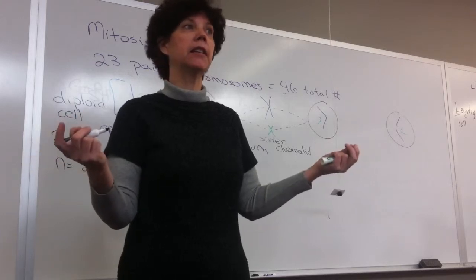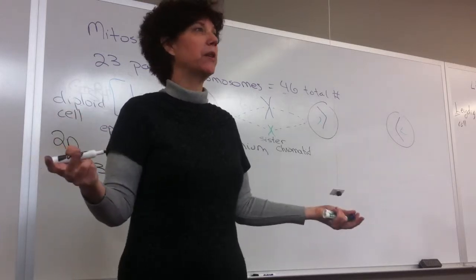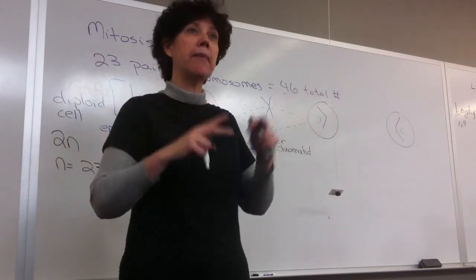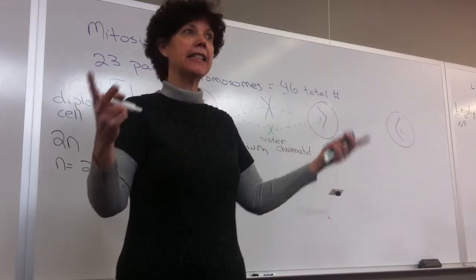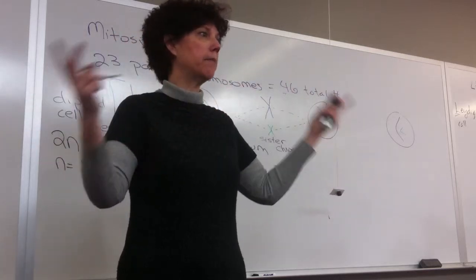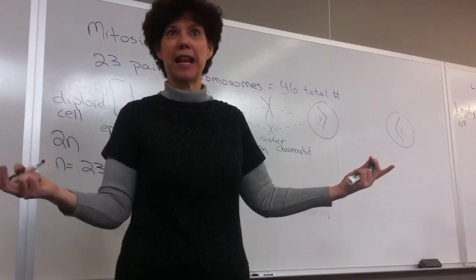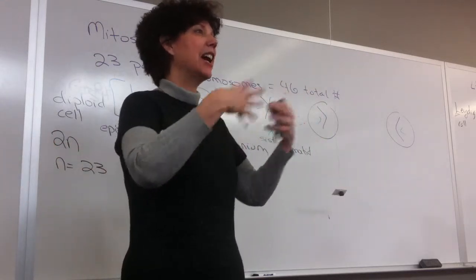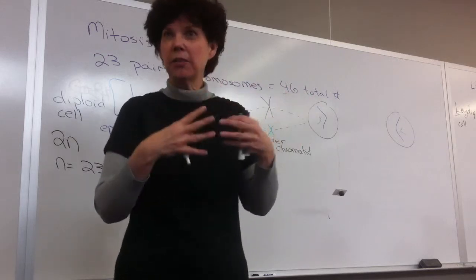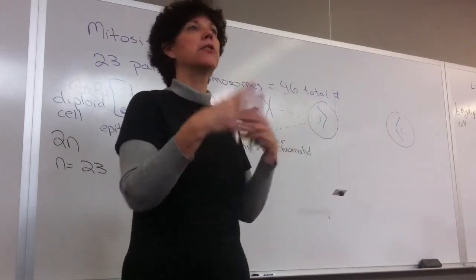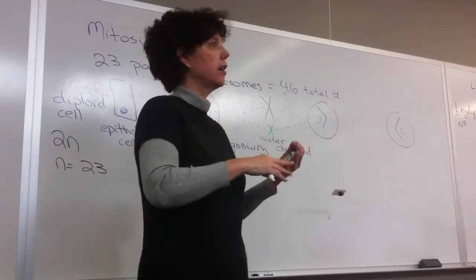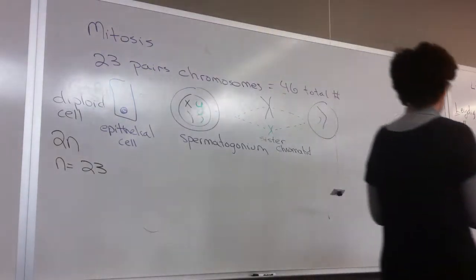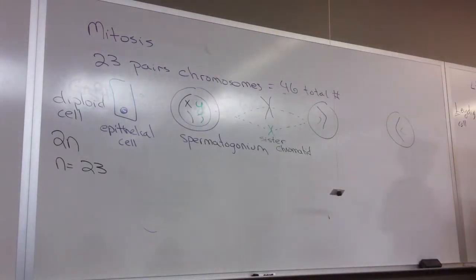For my children to get characteristics carried by the X chromosome, or if we're talking about chromosome 10, from both of my parents, that X needs to contain information from both my mother's X and my father's X chromosome. And that requires crossing over, exchanging of chromosomes between the two X's or between the two chromosome 10s. So crossing over and reduction of chromosomal number is what is important in meiotic division.